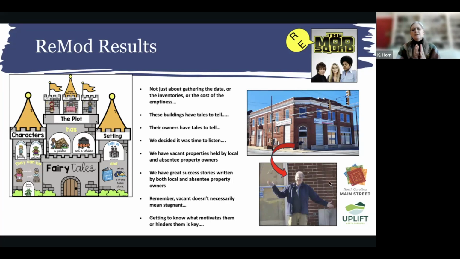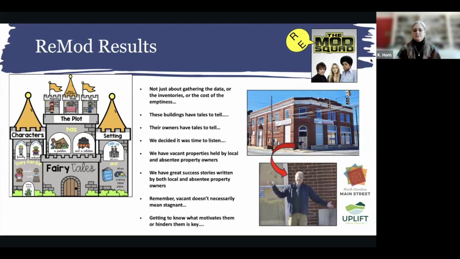But I think one of the important things to understand with vacancy is it doesn't necessarily equate to the fact that the building is stagnant. Some of the work that needs to be done with pre-development, such as putting on a new roof, having the environmentals done. This was a former Ford Motor Company building, so it needed environmentals, abating asbestos or lead paint, getting architectural designs and getting your performance done.